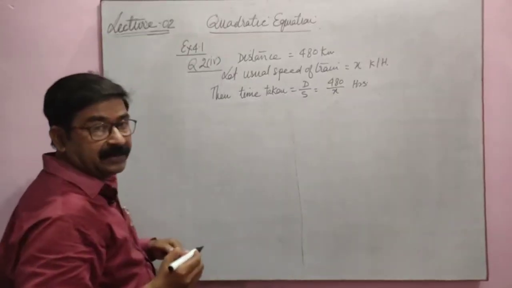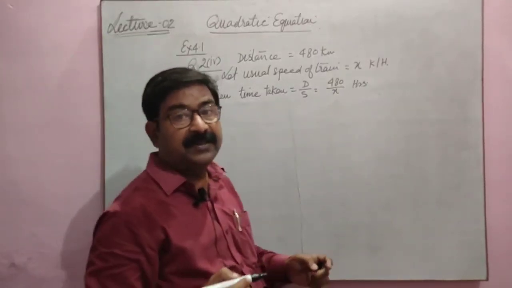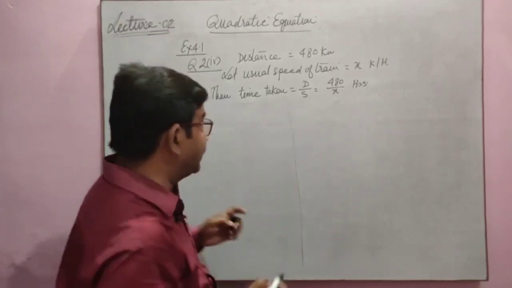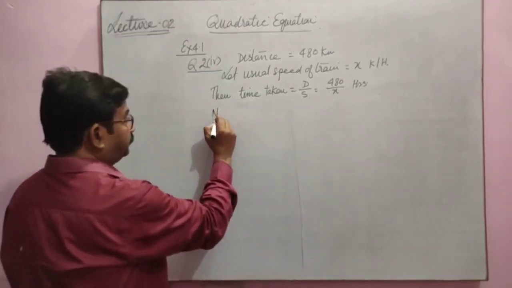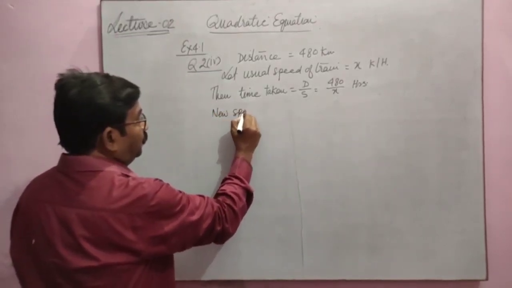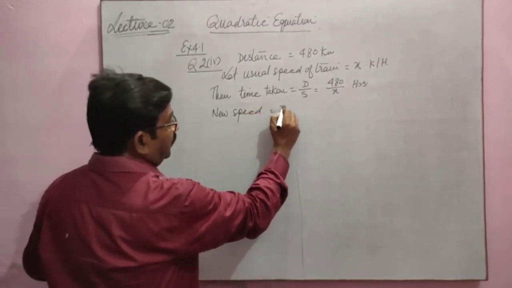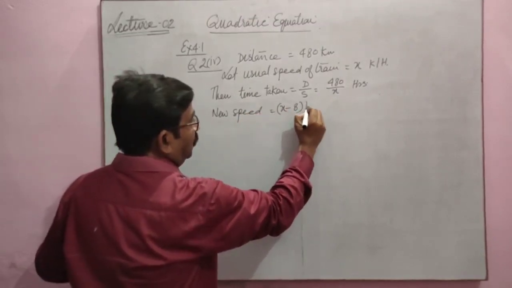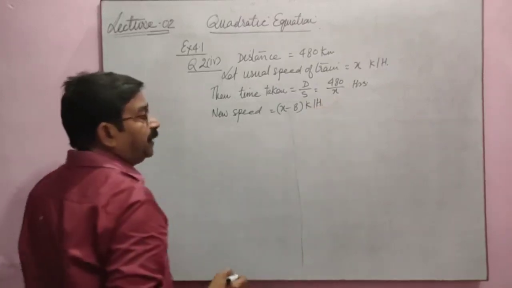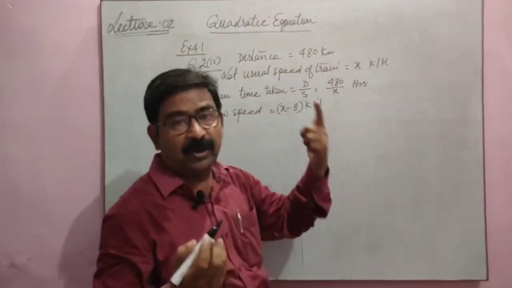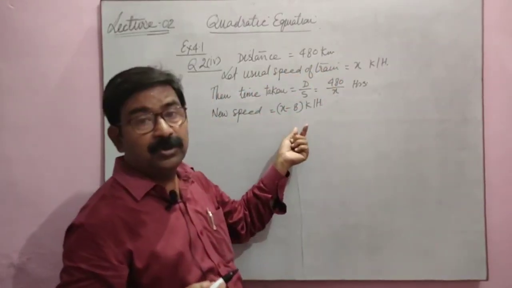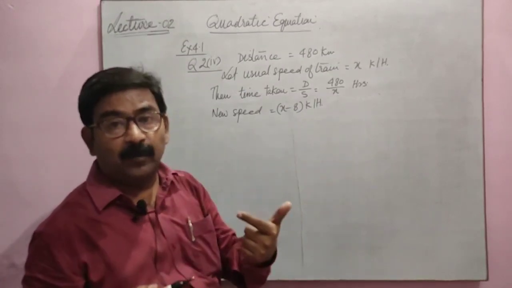Now in the second case, the new speed is 8 km per hour less. So you write new speed is x − 8 kilometers per hour. The distance will be the same, 480 km. Speed is reduced, so automatically it will take more time.